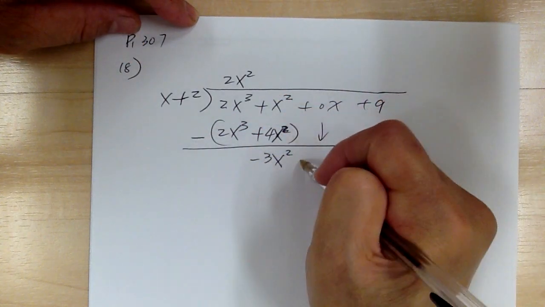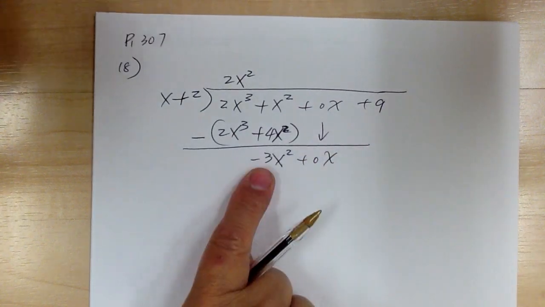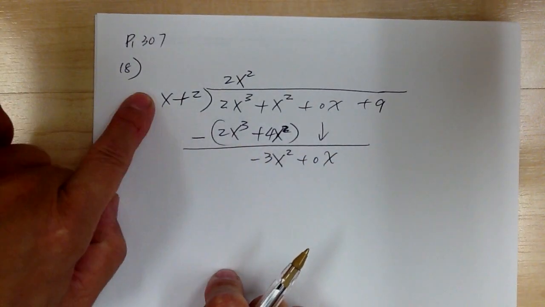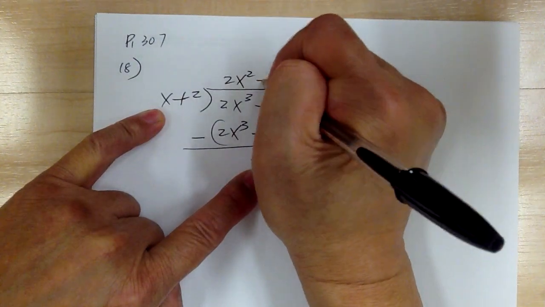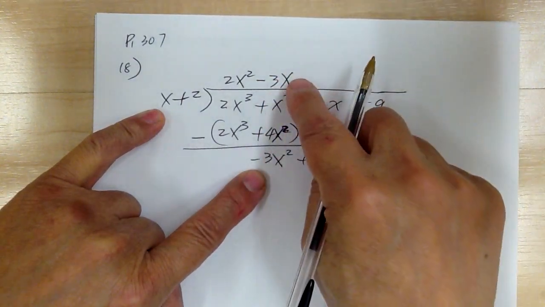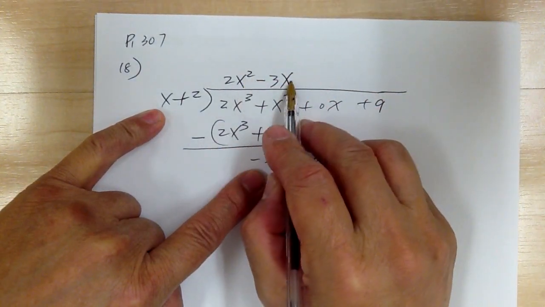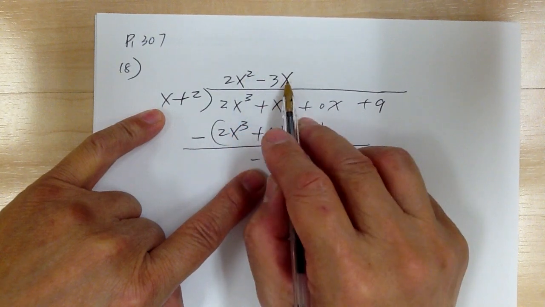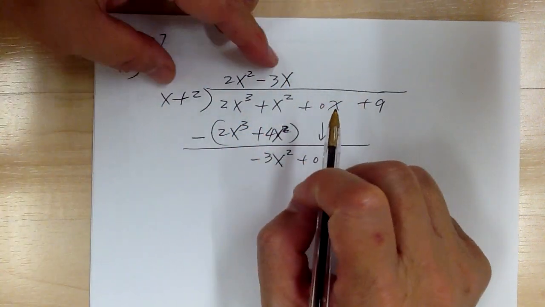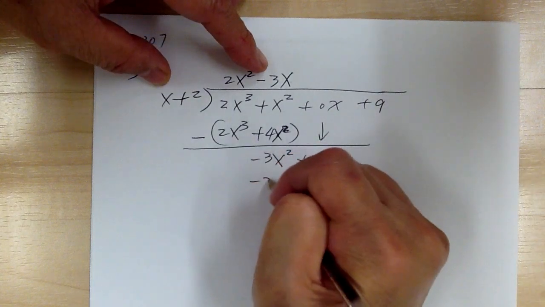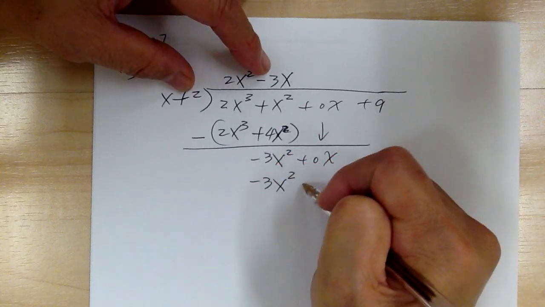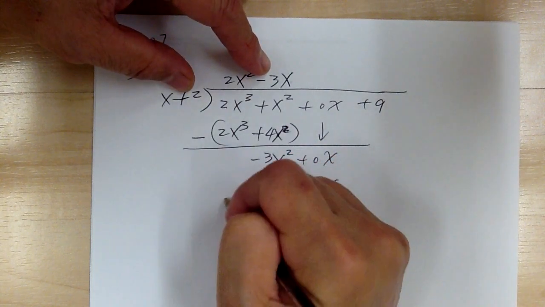So you subtract, you drop the next term. Again, look at the first one. To get from here to here, you need to get minus 3x. If you're not sure what to multiply, just remember this always goes down in order. You got x squared, so the next one would be x to the 1, always. So you multiply, you get minus 3x squared minus 6x.